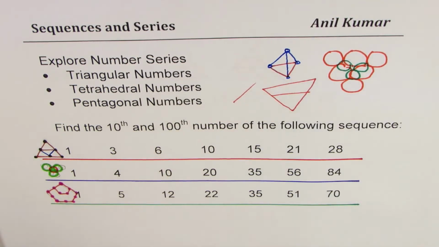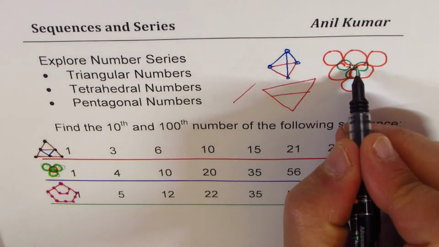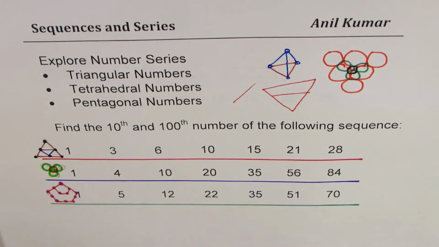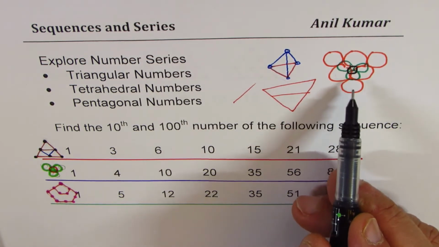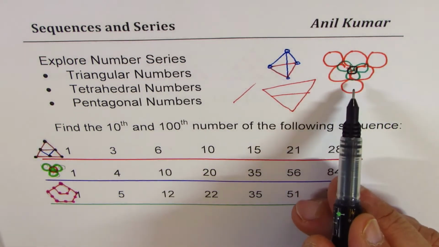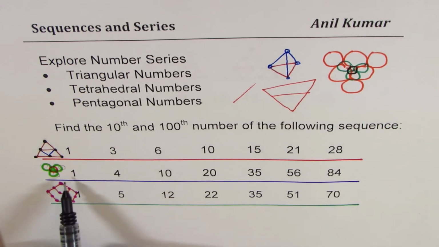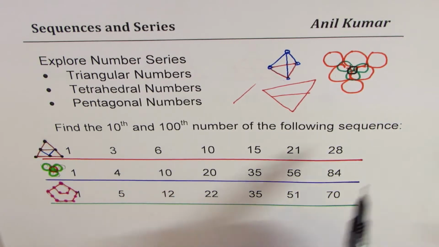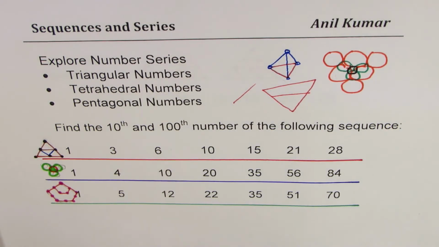So 6 plus 3 is 9, and then on top of that, there's a gap where you could place one more. So you have a three-dimensional shape, which gives rise to tetrahedral patterns. So in this case, you found there are 10 oranges, right? So 1 to start with, and then 4, and then 10, and so on, correct? So you can extend this series.